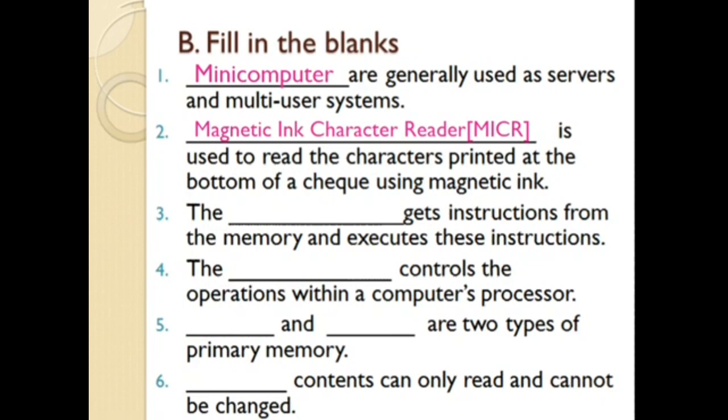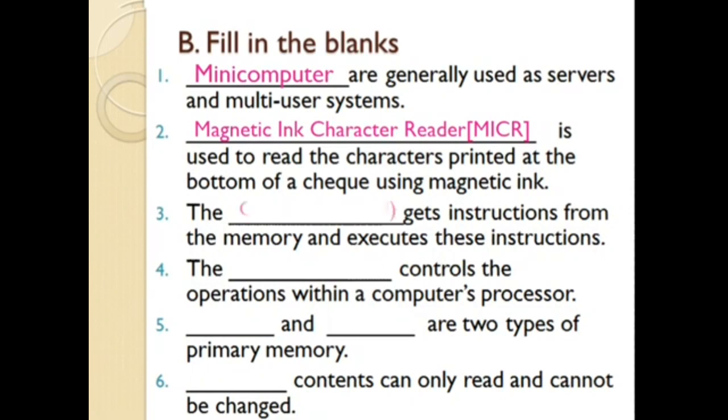The next one: the dash gets the instruction from the memory and executes this instruction. So in a CPU, we have two main components, one is ALU and the other is CU. What is the duty of CU? It will get the instruction from the memory and execute it and give it to the output.